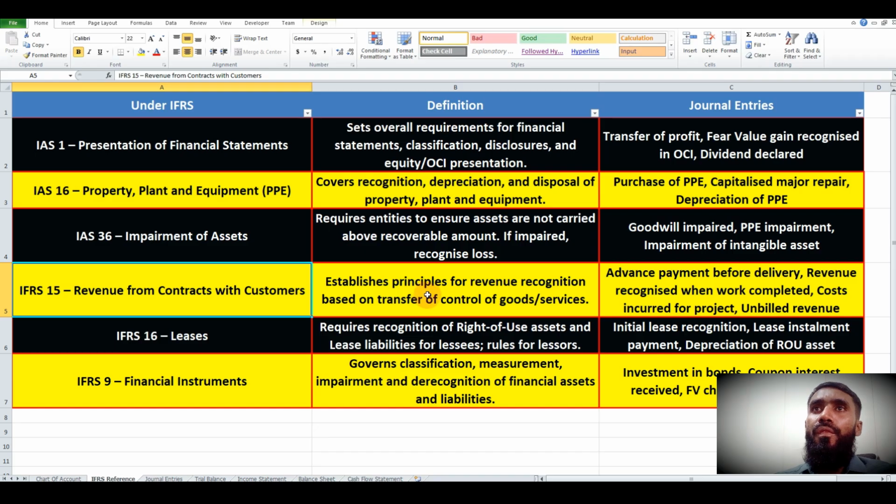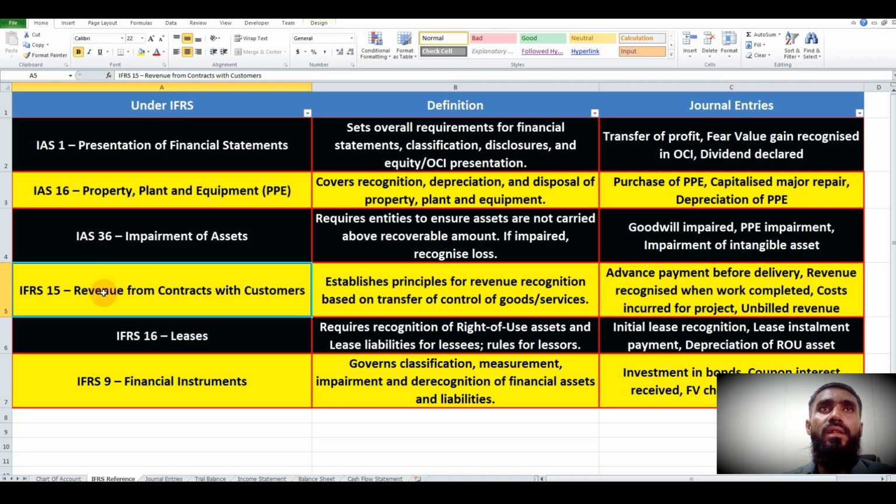Revenue from contracts with customers establishes principles of revenue recognition based on transfer of control of goods and services. Now, the journal entries: advance payment before delivery, revenue recognized when work completed, cost incurred for project, unbilled revenue.